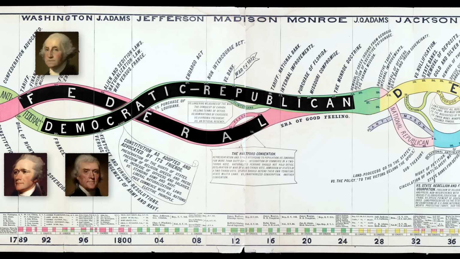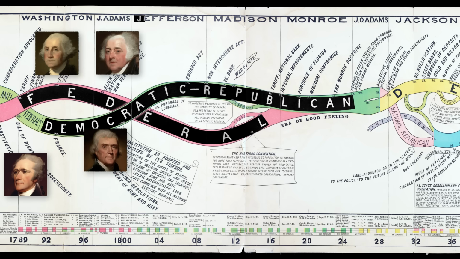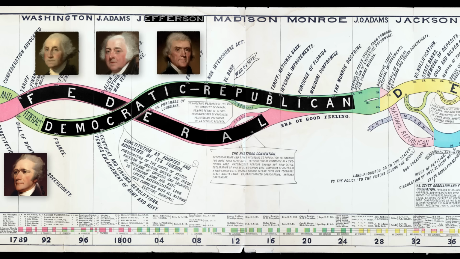So basically, the Federalists were dominant during Washington's tenure and then officially held the presidency under John Adams, who had been Washington's vice president. But then in 1801, the Democratic Republicans took over, with Thomas Jefferson being elected president. Jefferson is credited with strengthening America's democracy by getting more people to vote and for transferring power away from the aristocracy and towards the general public.